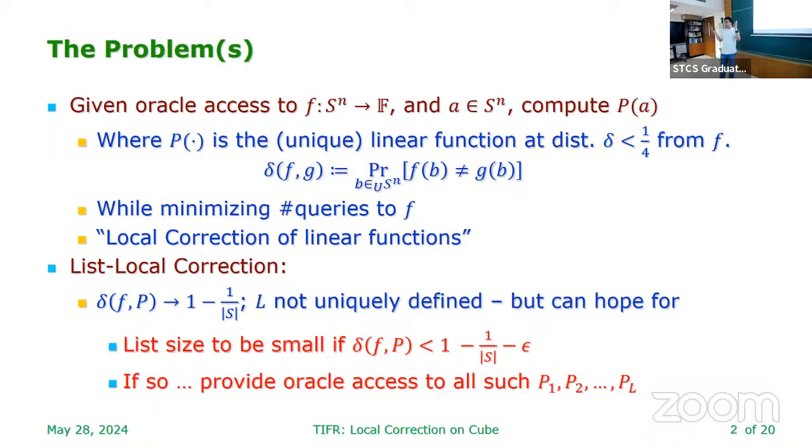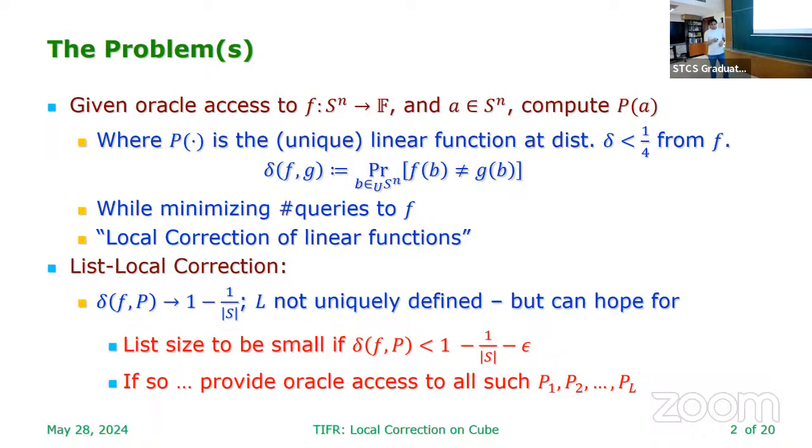You're given oracle access to some function. It's an algebraic function, a function on n variables. Each variable takes values in some set S, and its value is some field element.